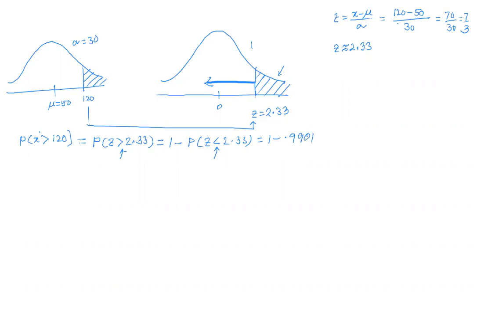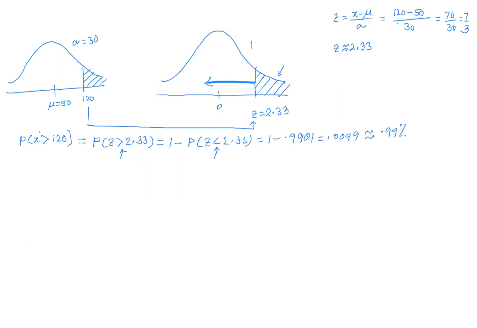So 1 minus 0.9901 is 0.0099, which is approximately 1%. I would say 0.99%, right? Which is approximately 1%. There is a 1% chance that a randomly selected person would spend more than 120 minutes per day on the social media.